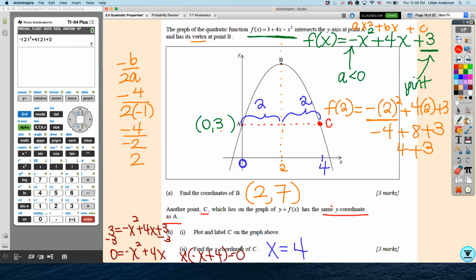And then I would set both of the factors equal to 0. So I have x equals 0 and negative x plus 4 equaling 0. This value is the x coordinate of A. And then when I solve this out, this is your x coordinate of C. So it could have been done algebraically or using some inductive reasoning.